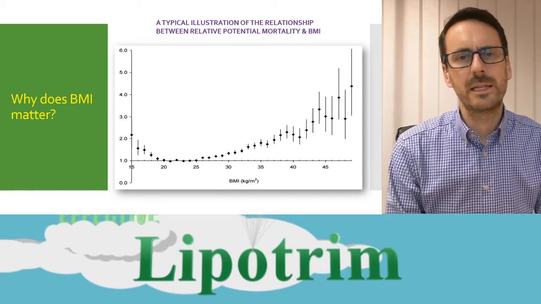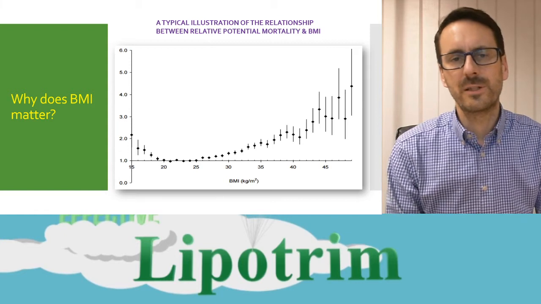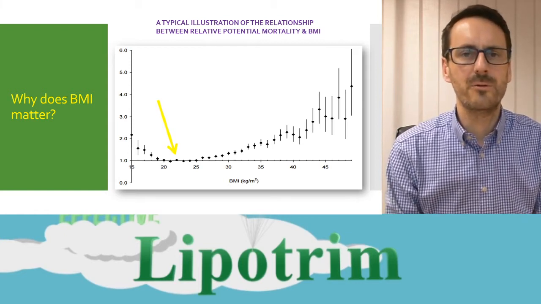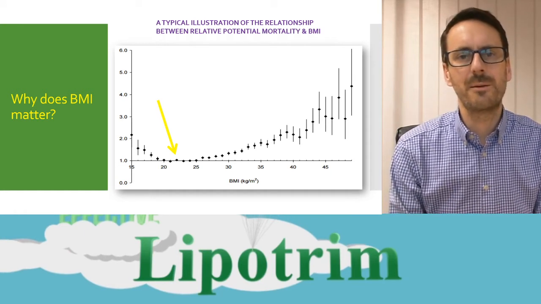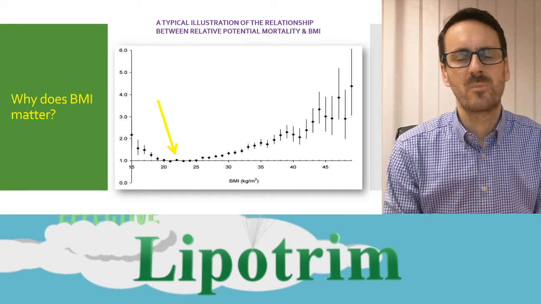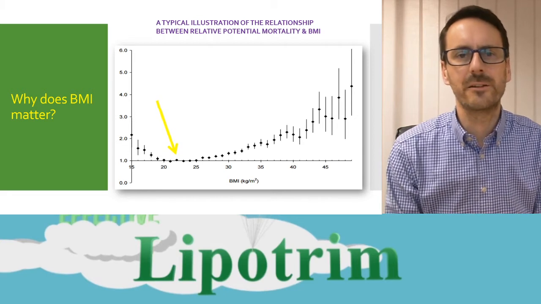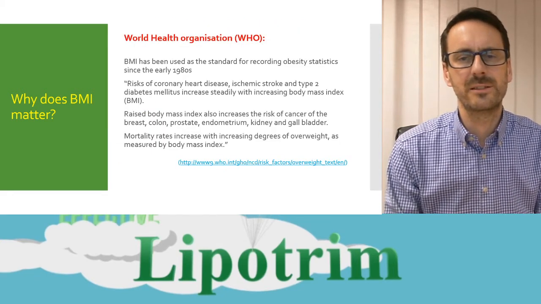So the graph shows as well that as you go above 25, yes, your mortality increases, but also as you go below 20. And interestingly, between 21 and 23 BMI, we see the lowest level of mortality. So this is a really important couple of values. So whereas we think 20 to 25, ideally 21 to 23 being ideal.